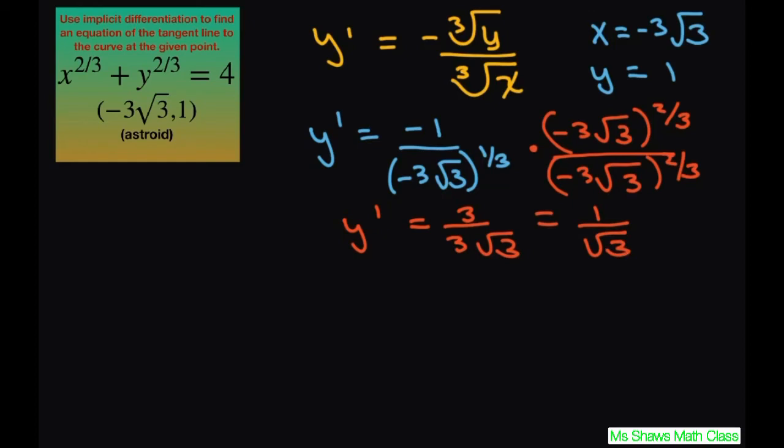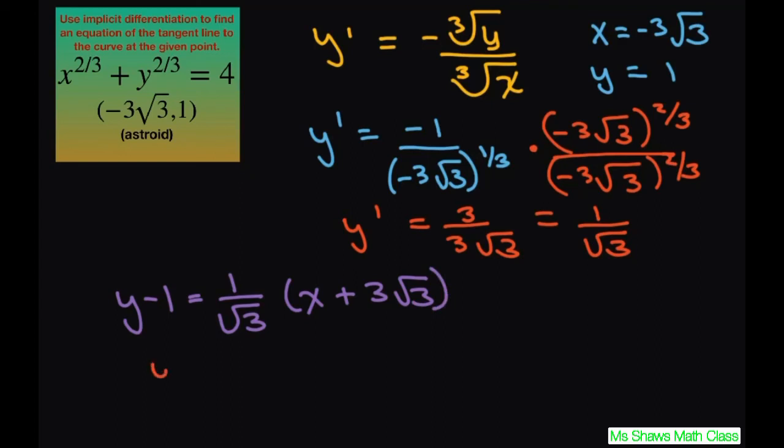All right, now we can write our equation. So we're going to write y minus 1 equals 1 divided by √3 times x minus, so it's going to end up being plus 3√3. Let's simplify this.